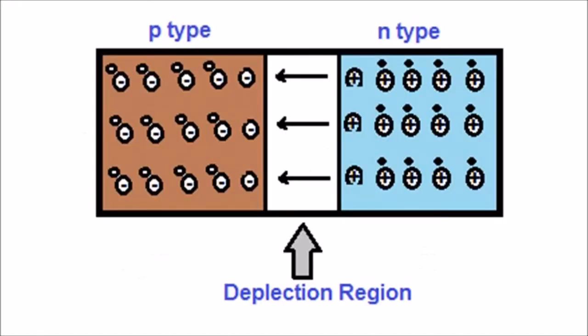A p-n junction is formed by joining a p-type and n-type semiconductor together in a single crystal lattice. The term junction refers to the boundary interface where the two regions of the semiconductor meet.